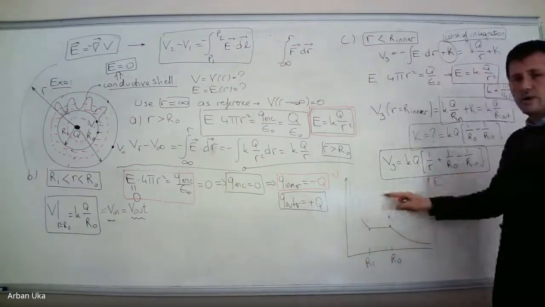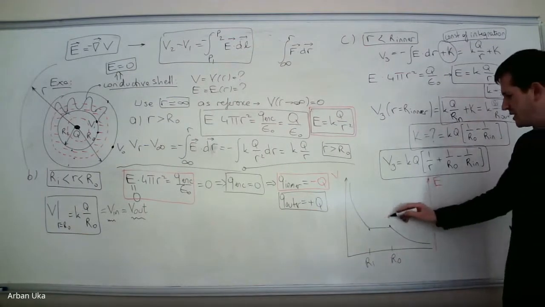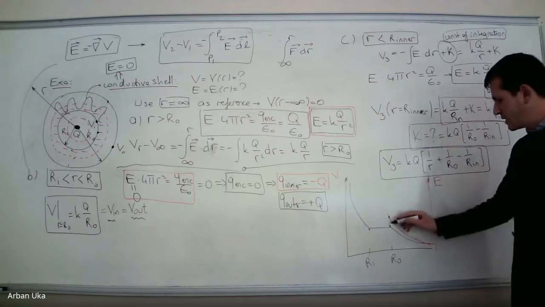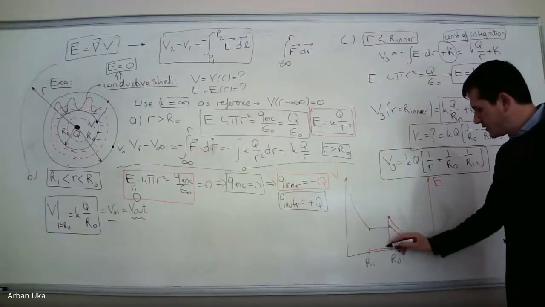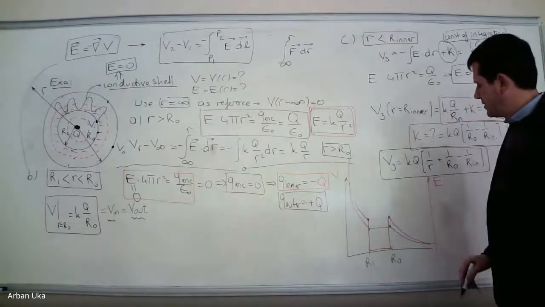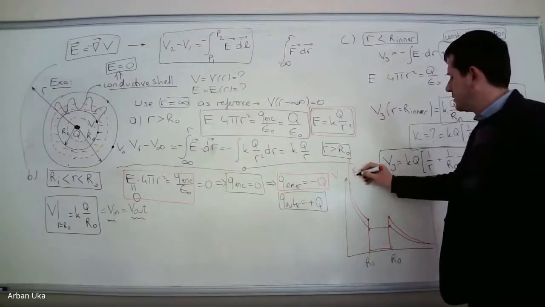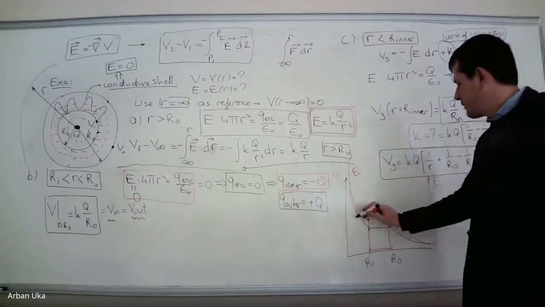They are not on the same scale for sure, because they are different quantities. But the electric field here is going to decrease by 1 over R squared. Here, the electric field is going to be equal to 0. So in red we have the electric field, and in black we have the potential.